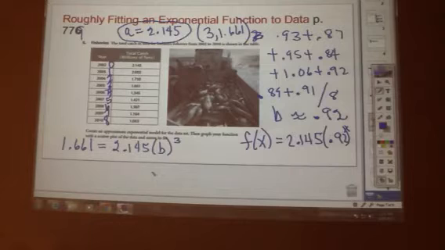Divide by 2.145. What did you get when you divided 1.661 divided by 2.145? 0.77 equals B to the third.